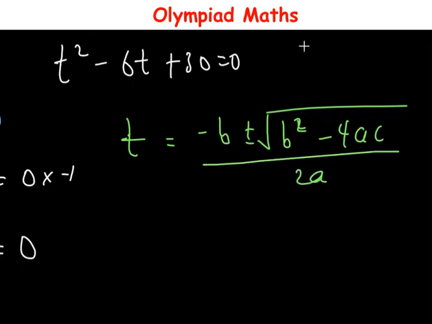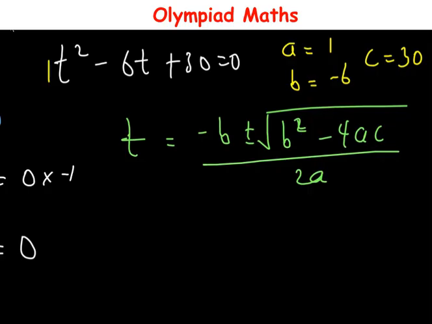Now in this case, the value of a is the coefficient of t squared, which is 1. The value of b is the coefficient of t, which is minus 6, while the value of c is the constant, which is 30.